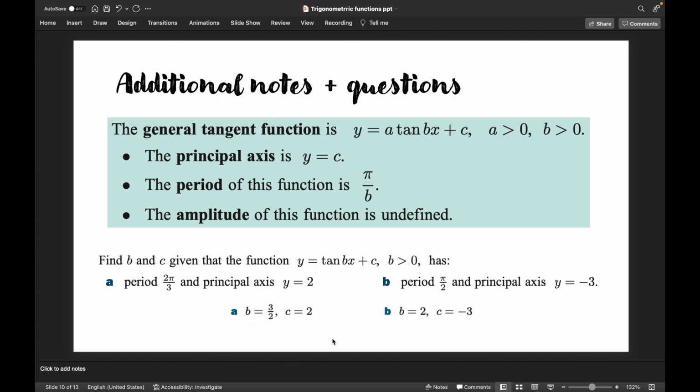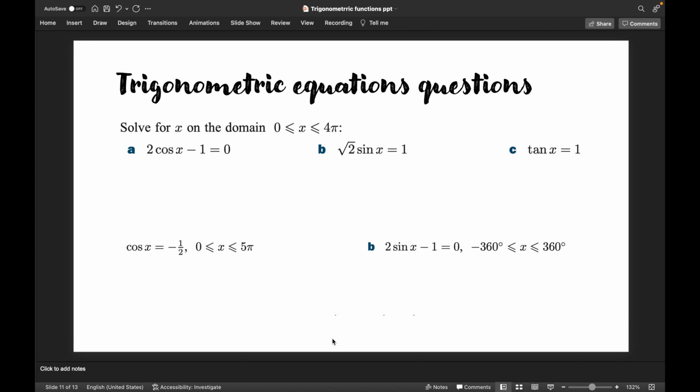This is all for the cos, sine, and tan functions. Now we're going to go about trying to solve equations and we're going to learn a bit more. Okay, so let's look at this question. We have to solve for x on the domain 0 to 4 pi.